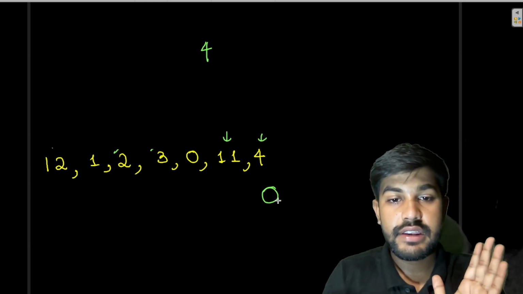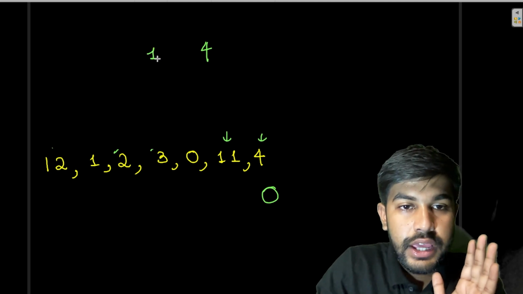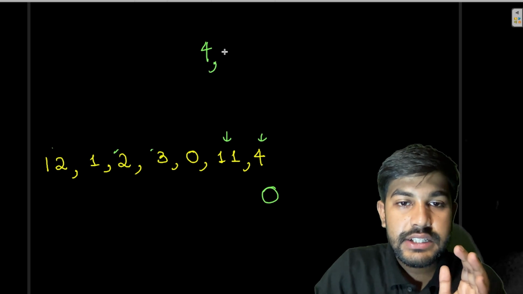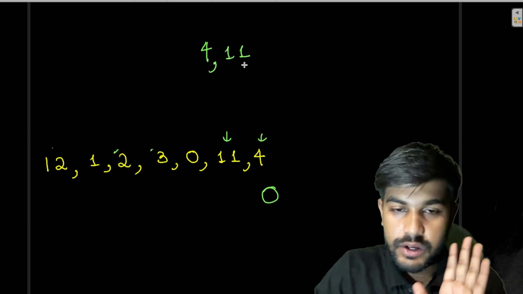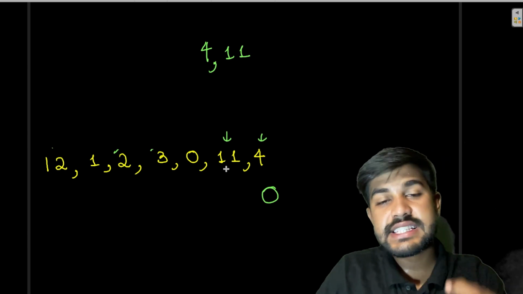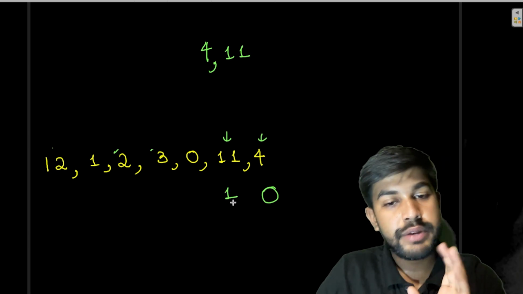Then we have 11. As this is an ordered set, 11 would be stored here. The number of elements less than 11 is only 1, so the count would tell me 1.